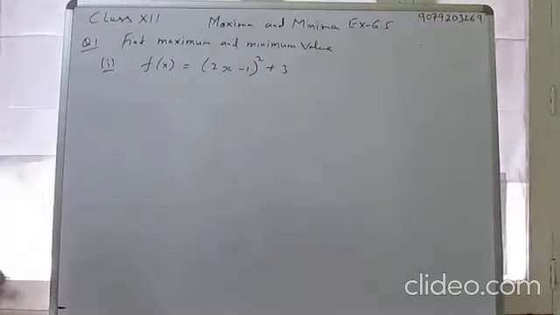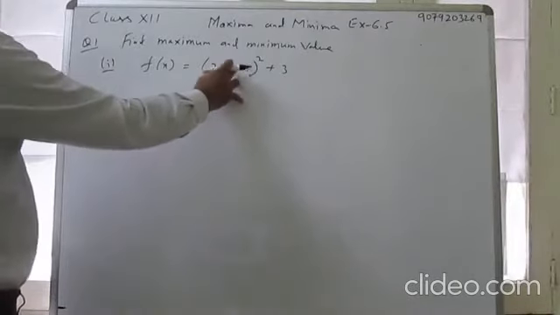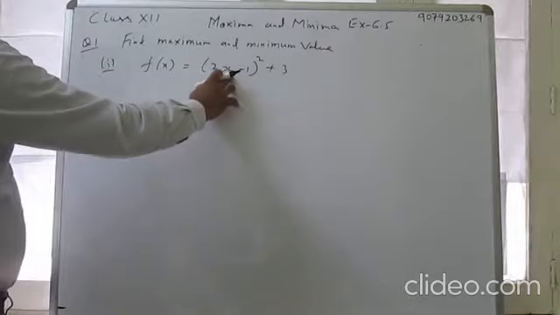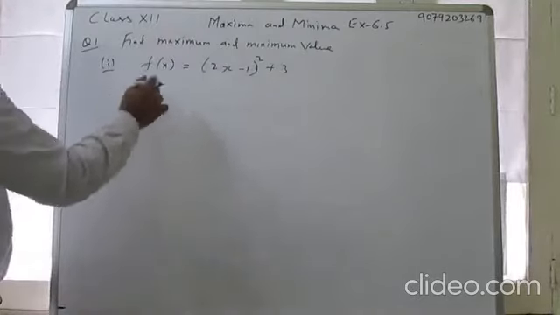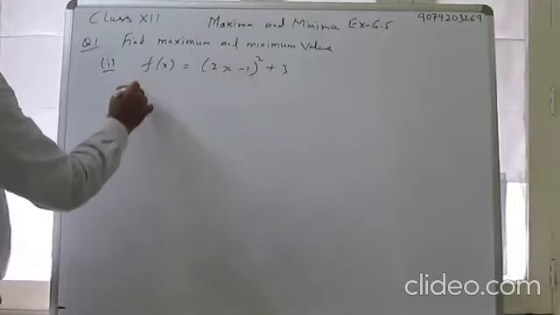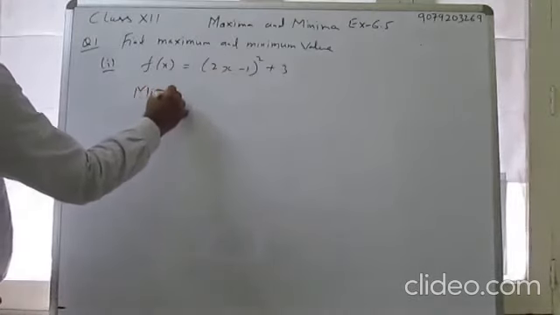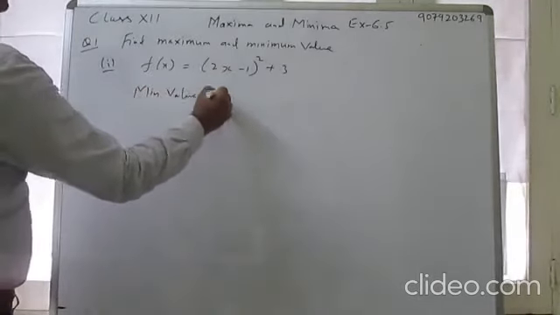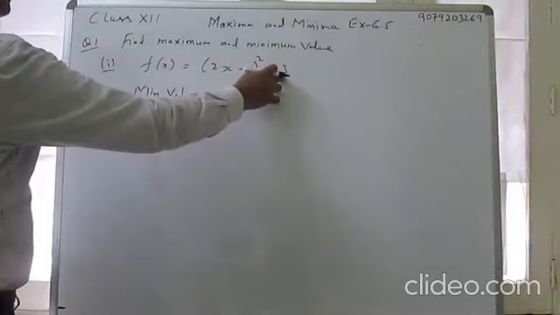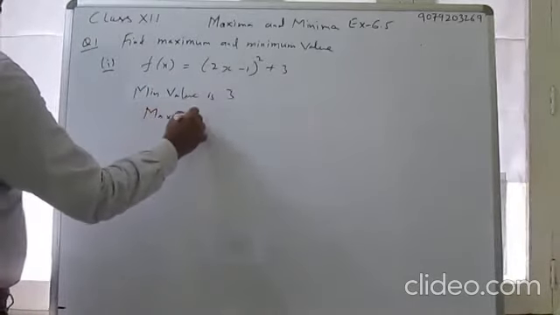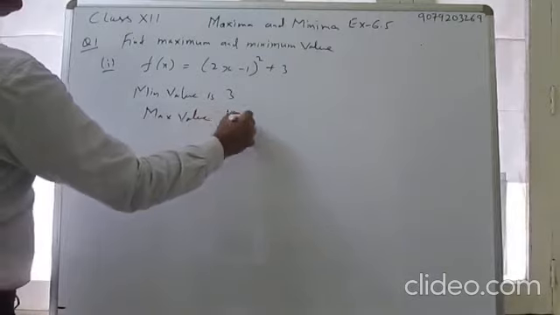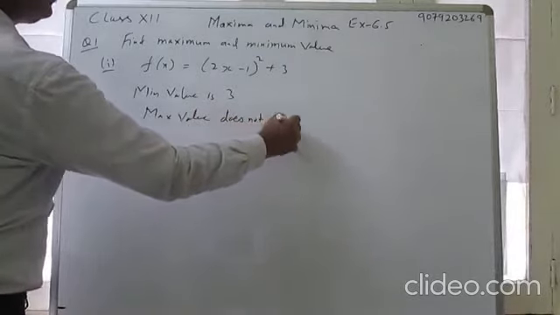We can clearly see that the value of this square is either 0 or more than 0. So the minimum value is 3. Here, by seeing the function, we can say that the minimum value is 3 and the maximum value does not exist.